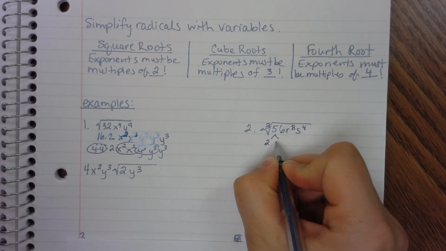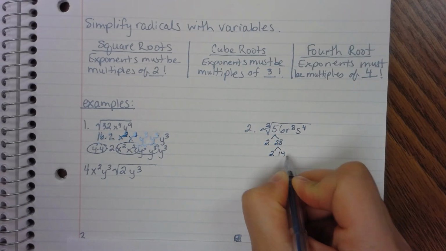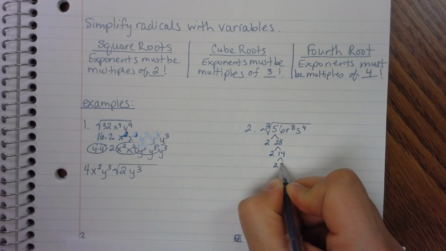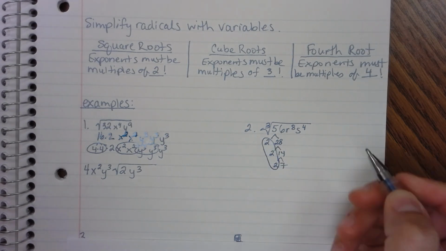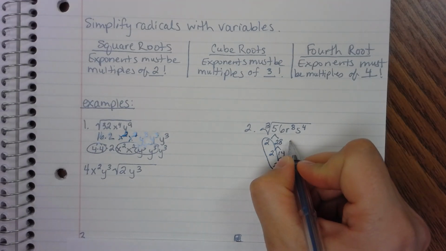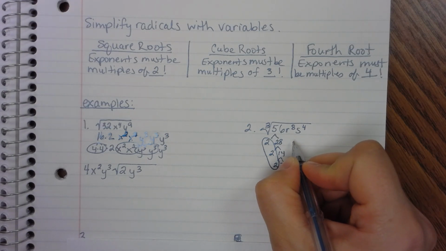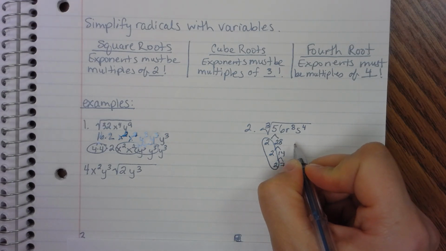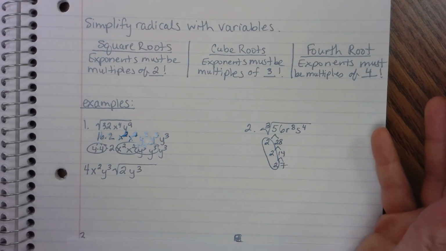56 is 2 times 28. 28 is 2 times 14. And 14 is 2 times 7. So here's my 3 2's. R to the 8th power, I'm going to break down. I want to be multiples of 3. So I could do r cubed, but then I wouldn't have enough.